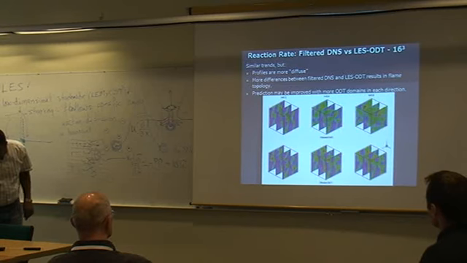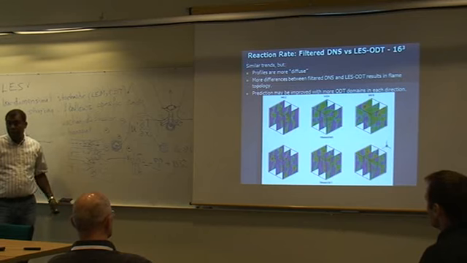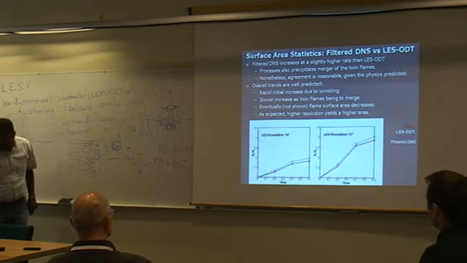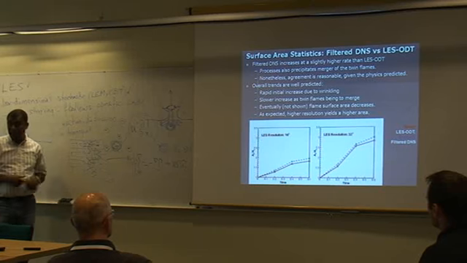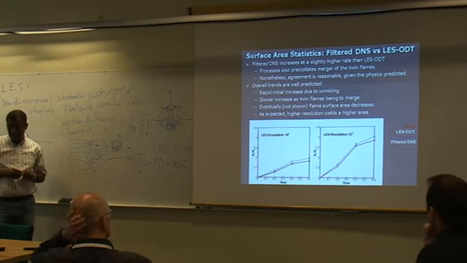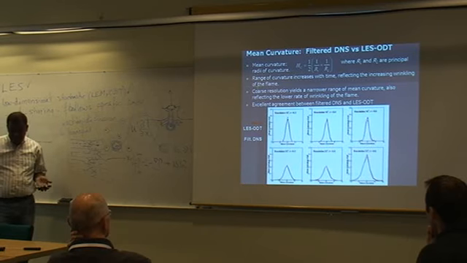So even with a coarser resolution, you can see some differences. A filtered DNS is not an ODT, LES ODT. Okay? But what's important here is if you look at the statistics, for example how fast the flame area growth occurs, you can see some similarities. And if you look at statistics of curvature, mean curvature, you also see some similarities.